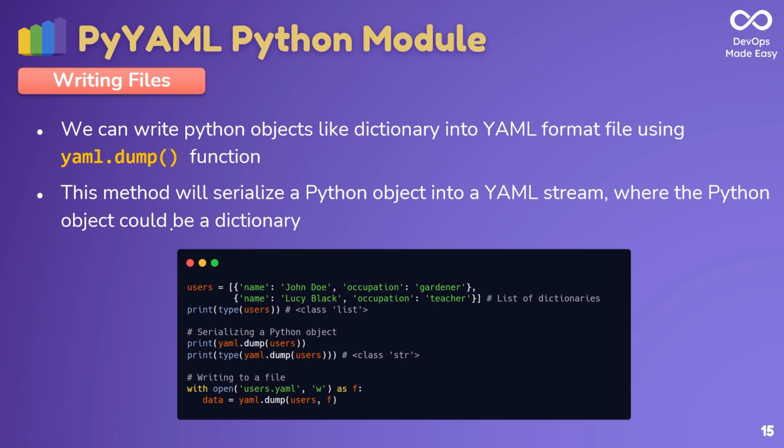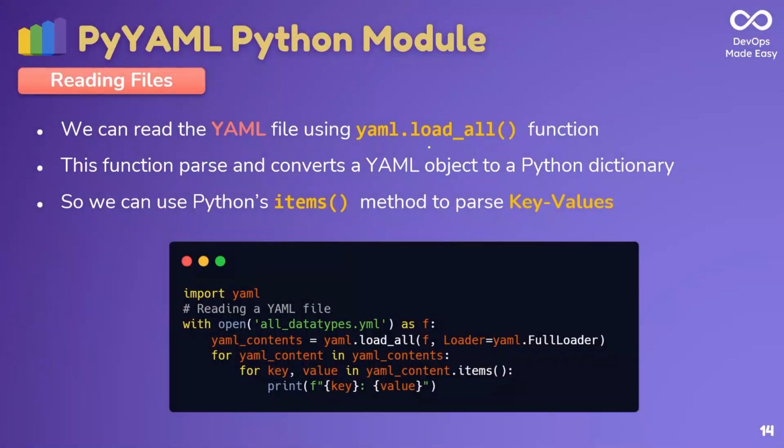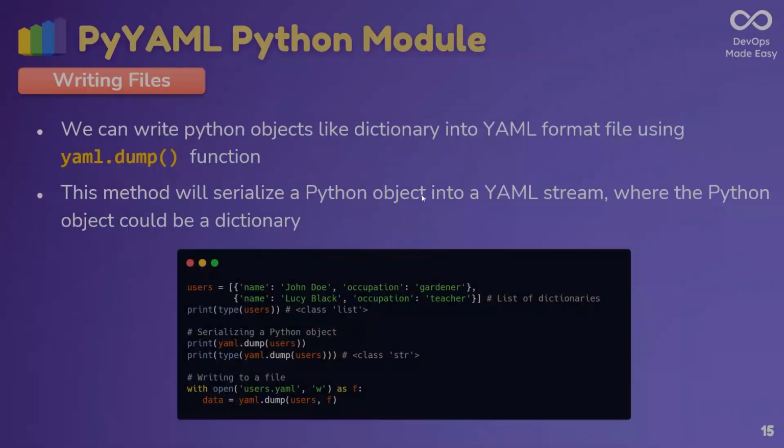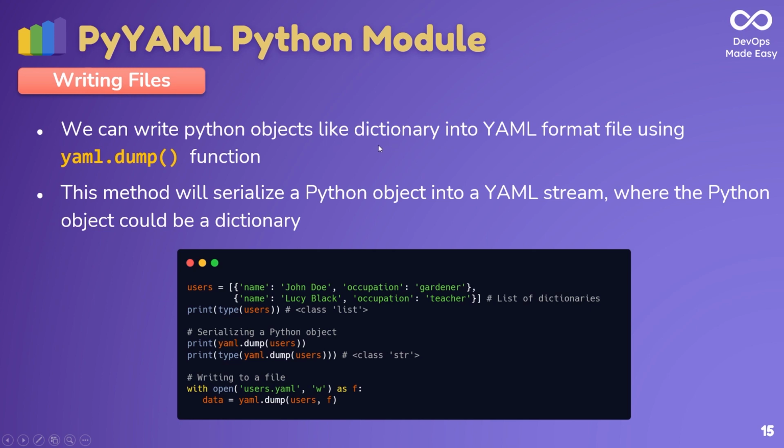Python PyYAML module. For converting the Python object, the first process is converting the YAML objects into a Python dictionary. The next operation, the writing operation, is simply the reverse of the earlier operation, which is converting a Python dictionary into YAML format.